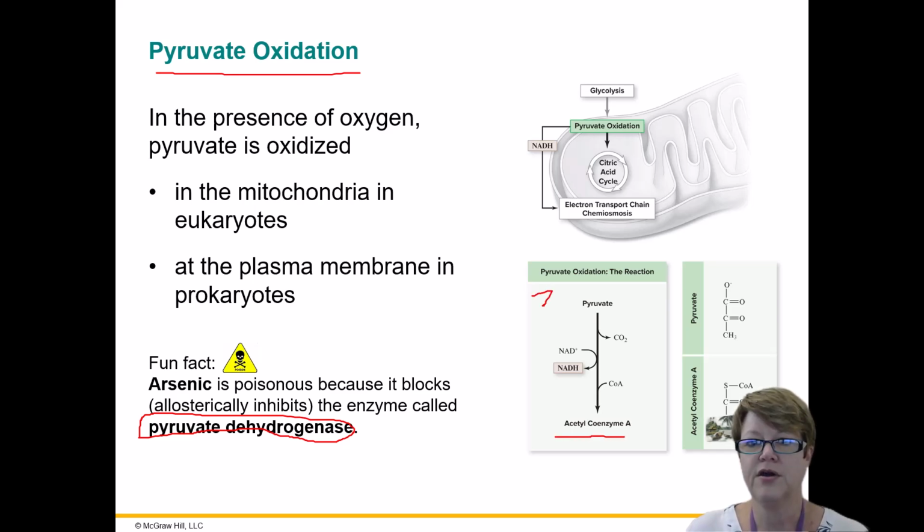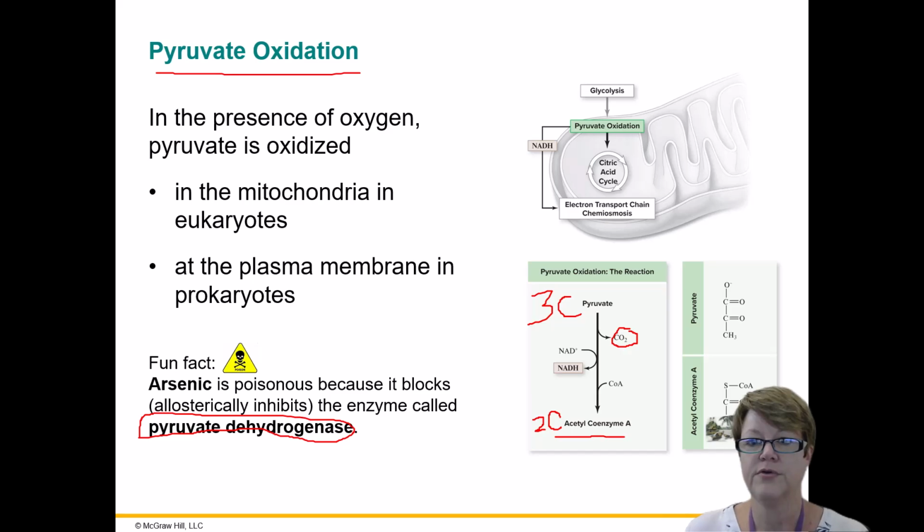Pyruvate is a 3-carbon molecule, and in the process of pyruvate oxidation, one of those carbons is going to break off. It's a carboxyl group. It's going to break off and be released as carbon dioxide. That's called decarboxylation. The remaining 2 carbons are called acetyl.